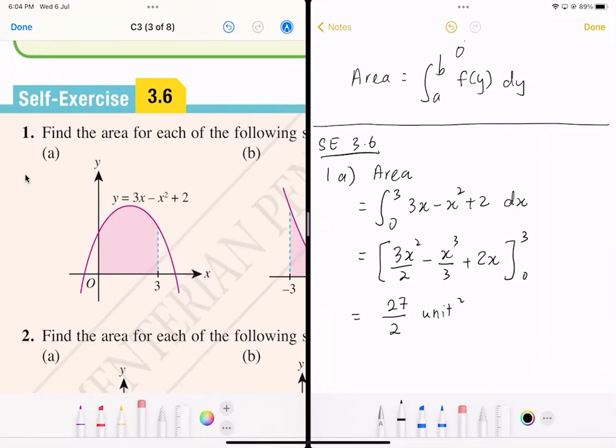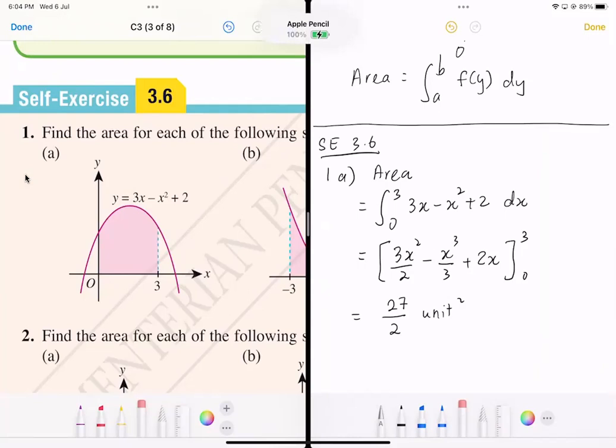Actually, I got 21 over 2. 3x minus x squared plus 2. Oh yeah, okay. I integrated wrongly. I put the wrong number. This is the problem when I don't have my specs with me.